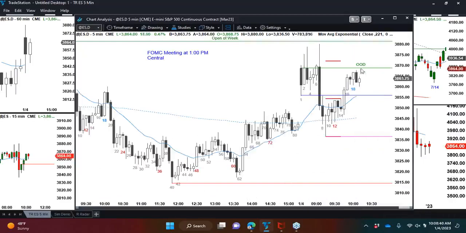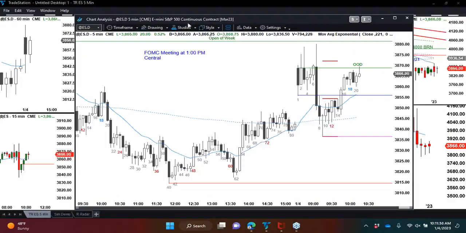So I think we're still going a little bit higher. There you go. That's why I said this might be a trap, where the bears that sell below 19 get stopped out above 19. Smart bears that sold below 19 sold more above 19, anticipating that this will happen. So tested the open of the day, starting to turn down.